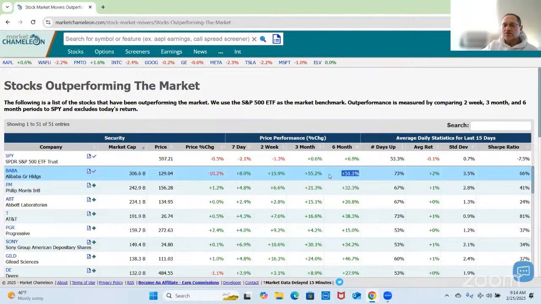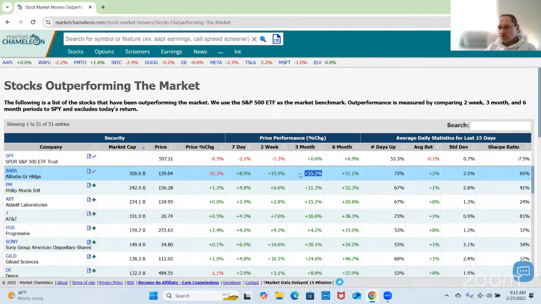Okay. Then at the same time, let's do another test and see on a daily basis. We do that because over a 3-month period, let's say, the stock outperforms SPY, like Alibaba, but it could have been one very big day that skewed it up, right?